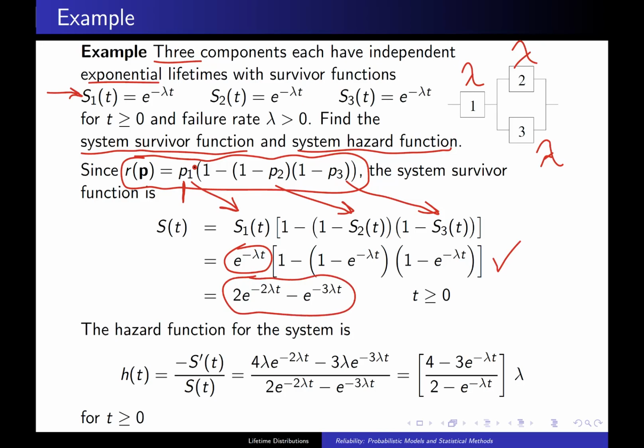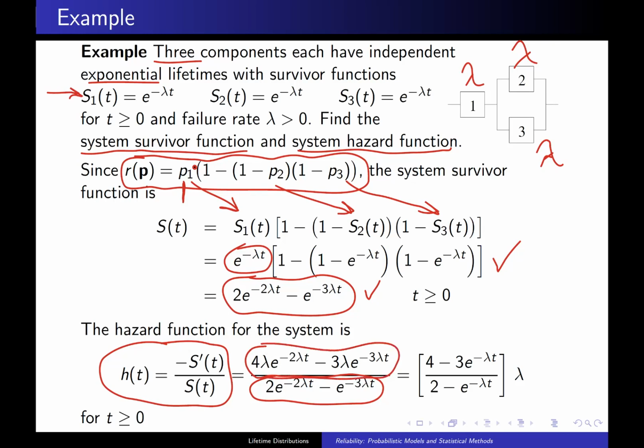Once again, going to the 5 by 5 matrix, the hazard function can be written as the opposite of the derivative of the survivor function, divided by the survivor function. So here is the survivor function from just above, and when you take the opposite of the derivative of that, you get this quantity, and when you simplify, you wind up with this quantity.